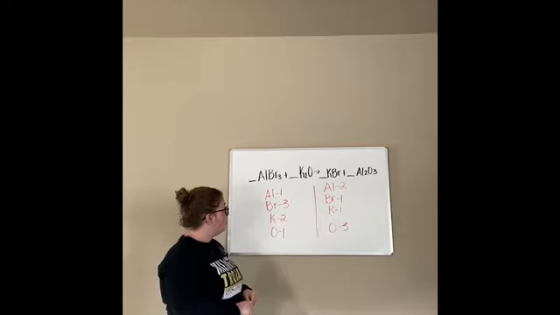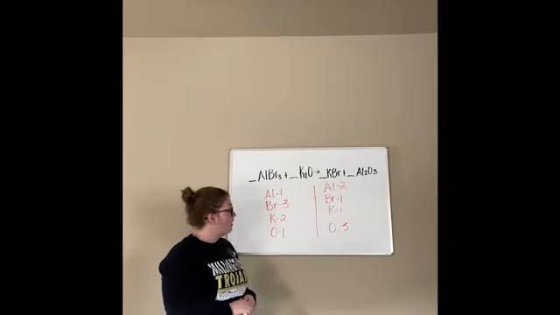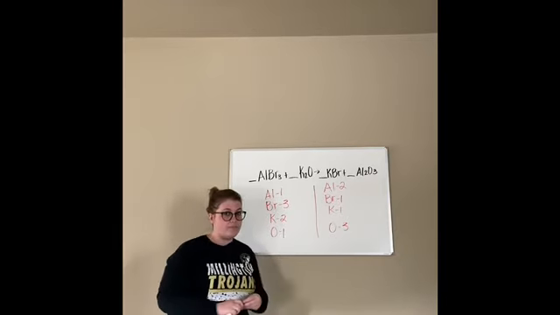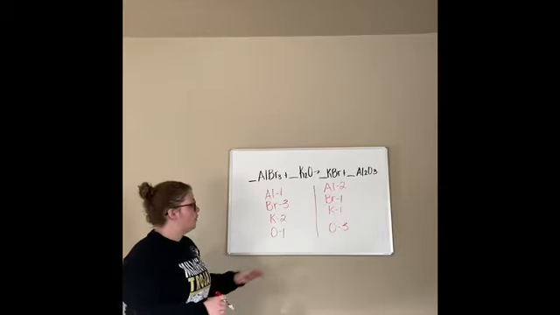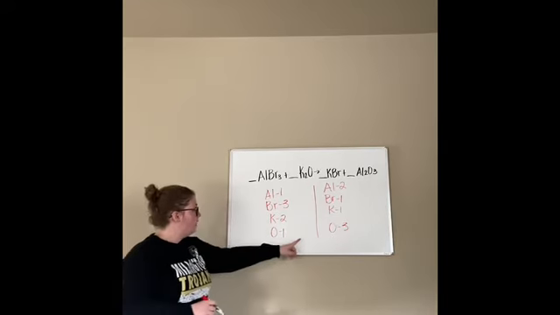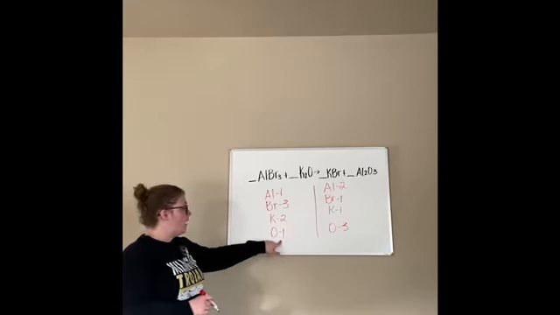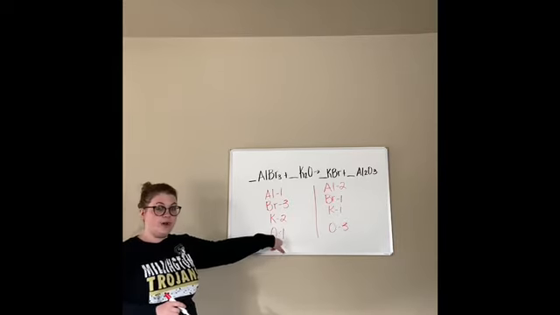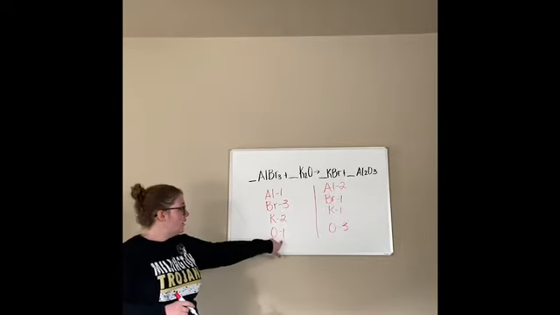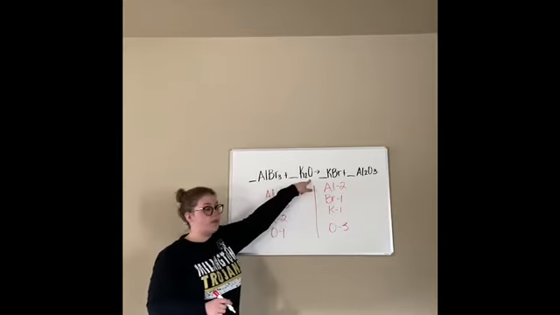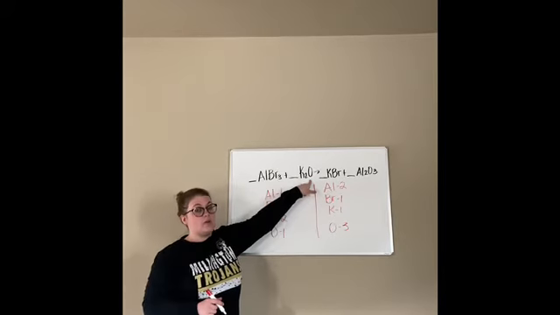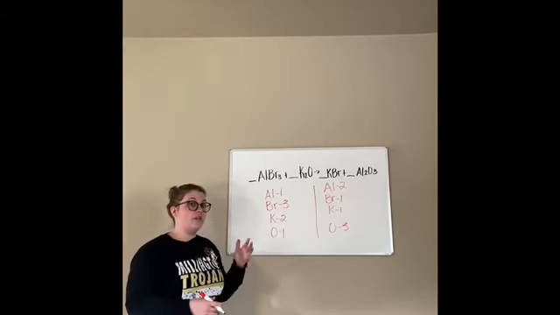So I'm going to go ahead and just start with oxygen. We have 3 O's of oxygen over here, we only have 1 O of oxygen over here, right? So I need to make this be 3 oxygens. In order to do that, I have to place a coefficient in front.